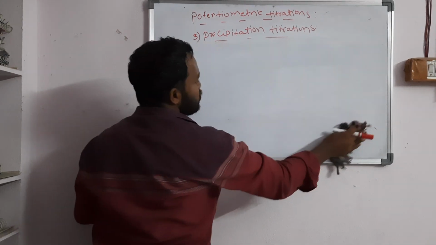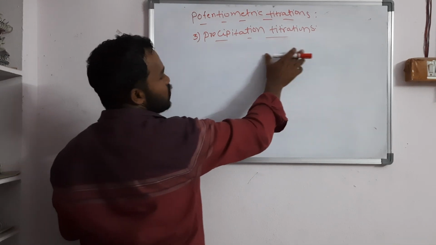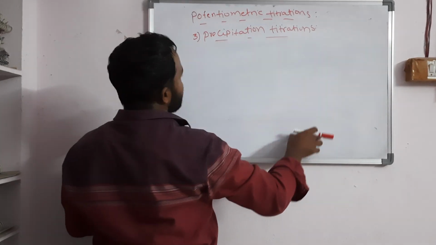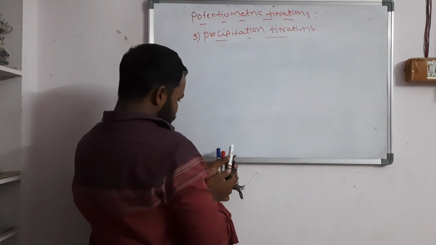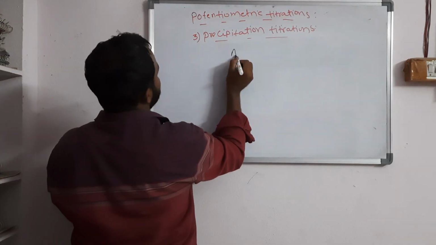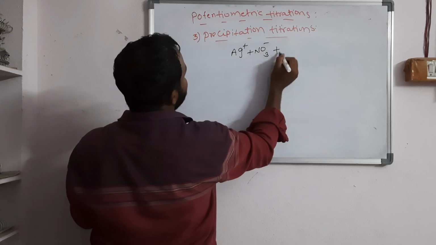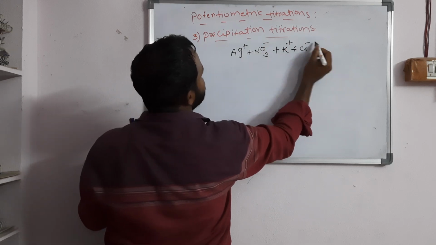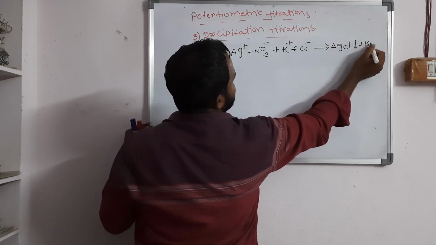So first, suppose I take the silver nitrate solution and titrate it with the KCl solution. First you should write the cell reaction here: silver nitrate, that is silver plus NO3 minus, plus K plus Cl minus, you will get silver chloride precipitate plus KNO3.